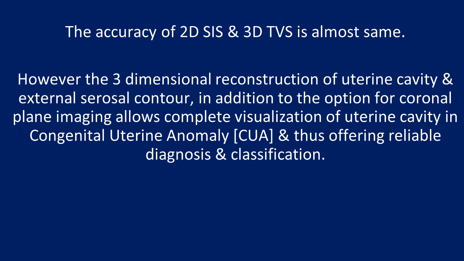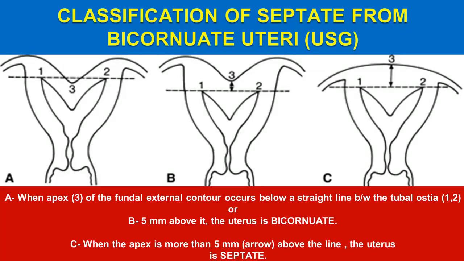That is why 3D TVS is much more preferred. And now 3D TVS diagnosis sensitivity and specificity is reaching almost 99%. So we have stopped doing a laparoscopy alone on the diagnosis of a 3D TVS sonography.